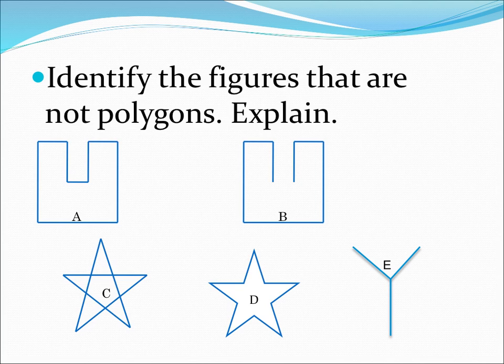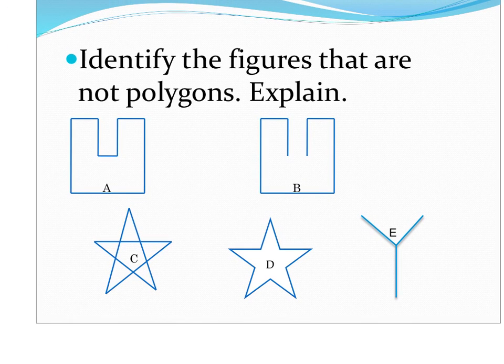All right, so now, based on those three characteristics here, we're going to identify which one of these is a polygon. So let's go ahead and look at the first one, figure A. Is that figure a polygon? Yes, it is. Okay? It satisfies all three conditions.